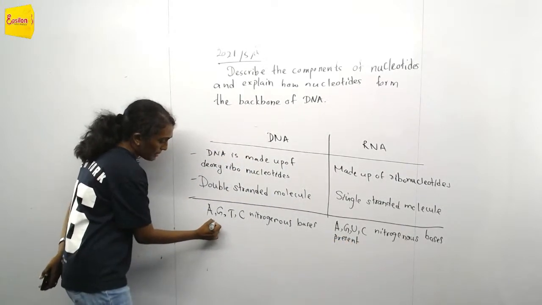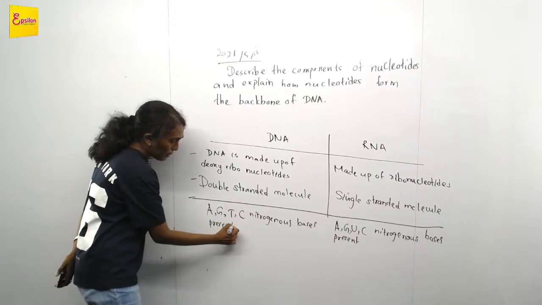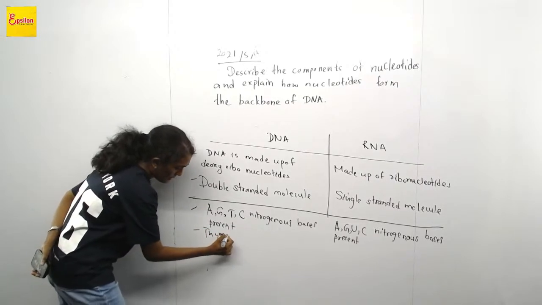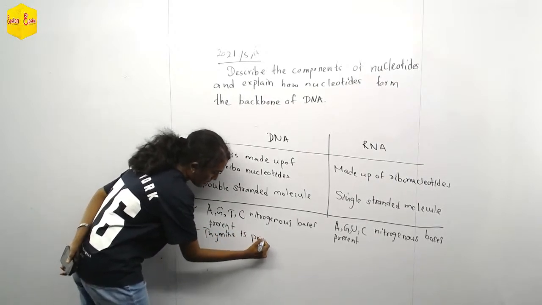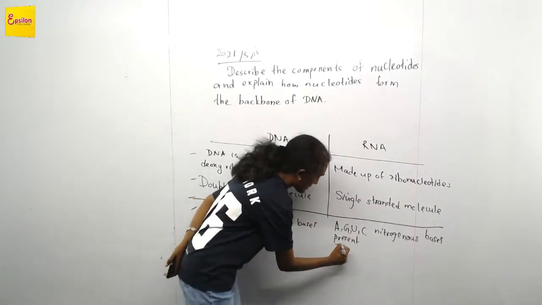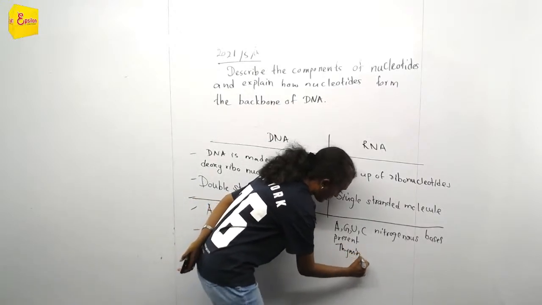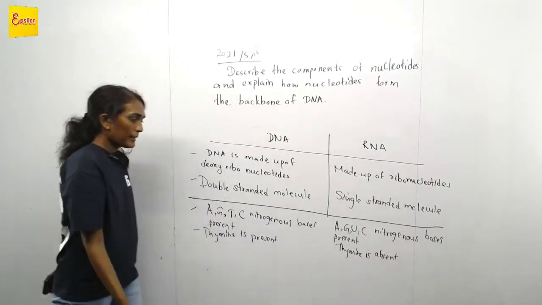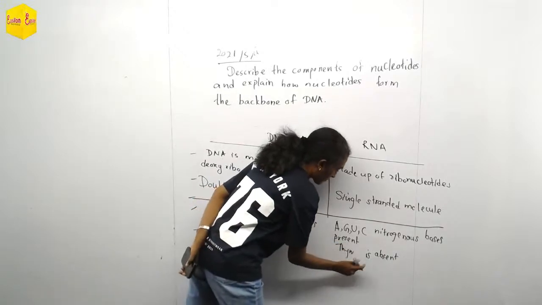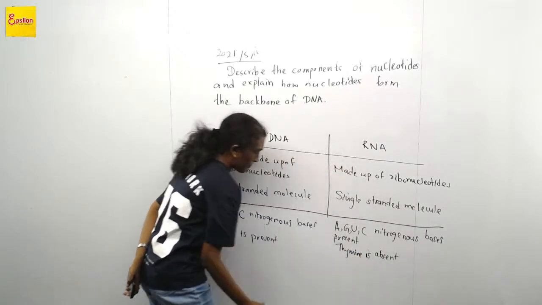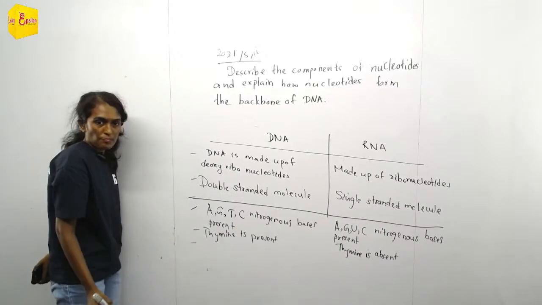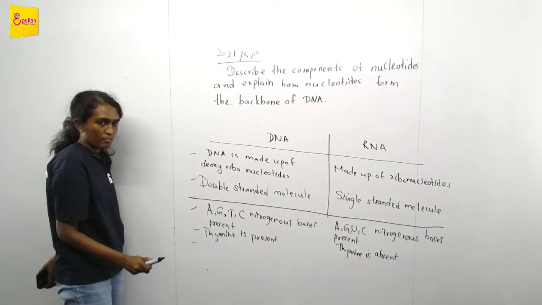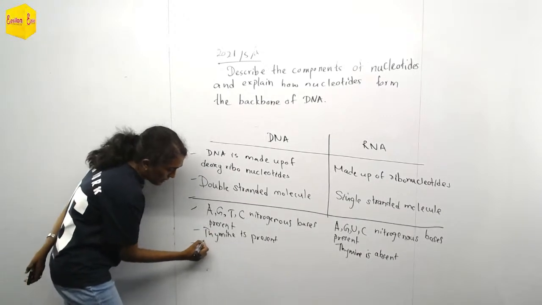So this can be written in another way also. How do we write that? Thymine is present. Thymine is absent, isn't it? Correct? Here, what else can we write?